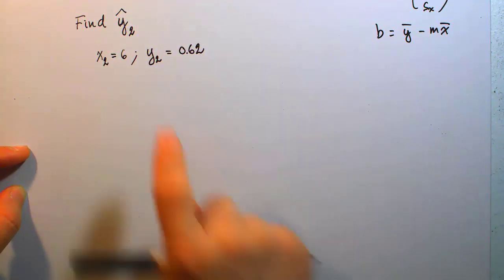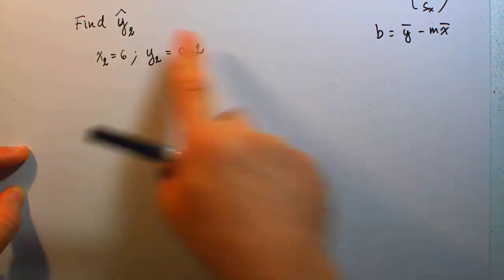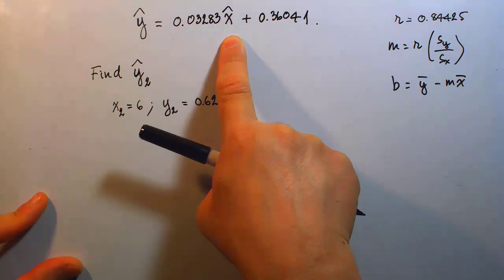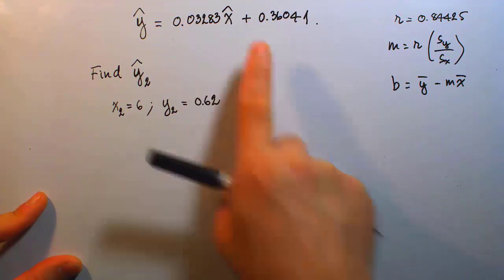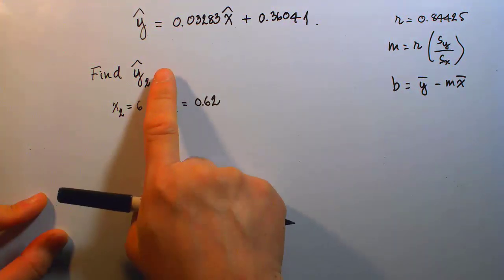Now the intention is to use this x2 value and substitute into our previously found best fit line equation. I'm still staying with my equation version where I obtain the slope and the y-intercept from the formulas. The question here once again is looking for y hat 2.